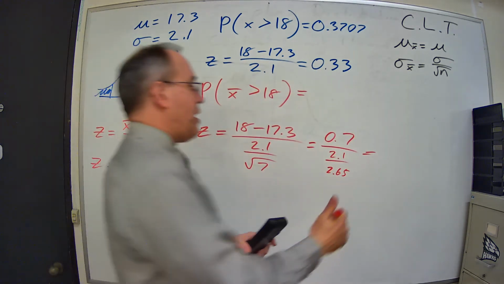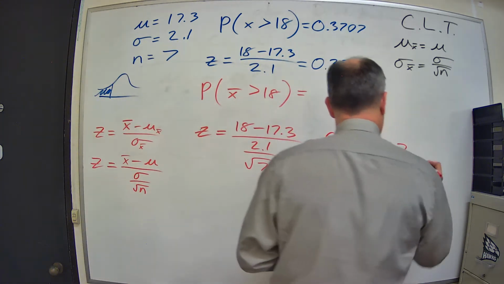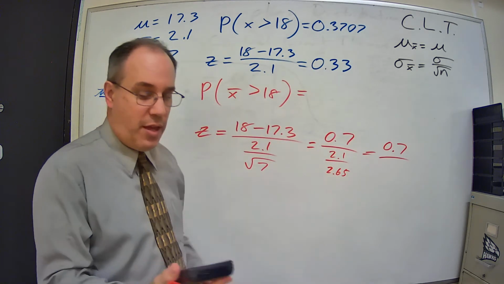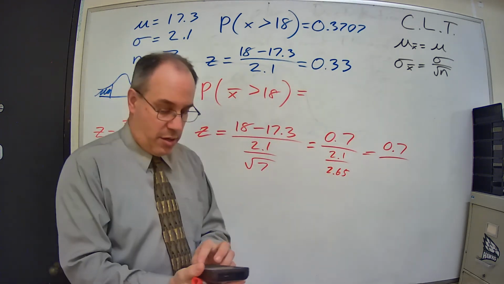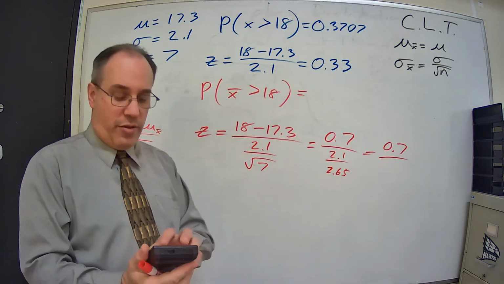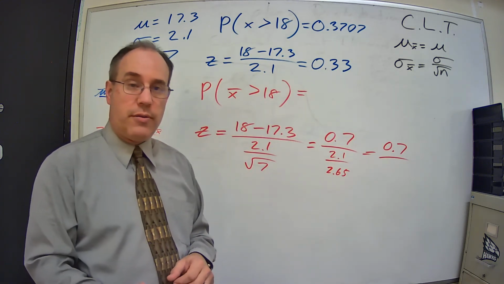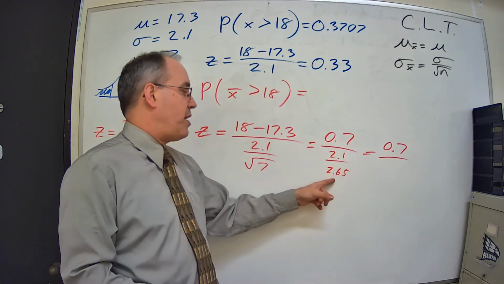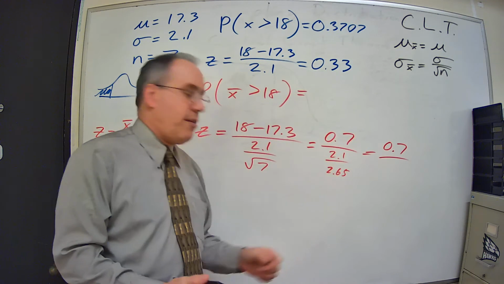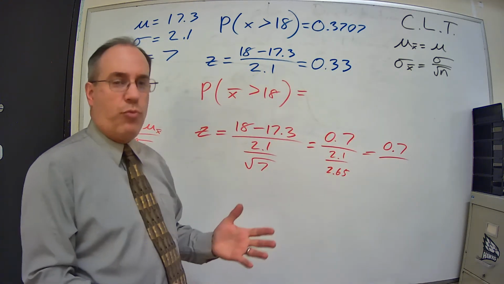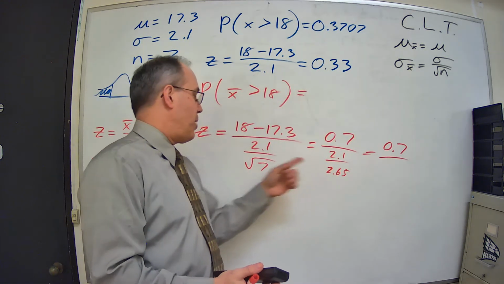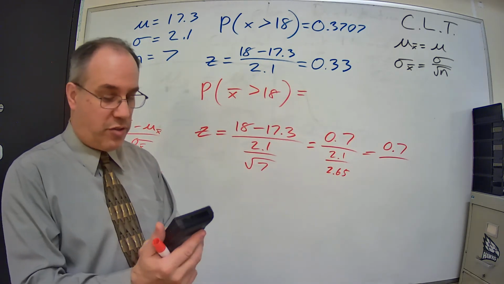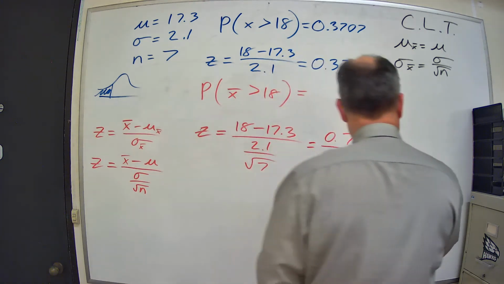So now I still have 0.7, but I'm going to take that 2.1 and divide it by the 2.65. Now I'm going to be honest here, I'm actually going to keep the full value that came out of my calculator. So the number that you get by taking 2.1 and dividing by 2.65 may be slightly different than what I get by dividing 2.1 by the square root of 7, which gives me about 0.79.